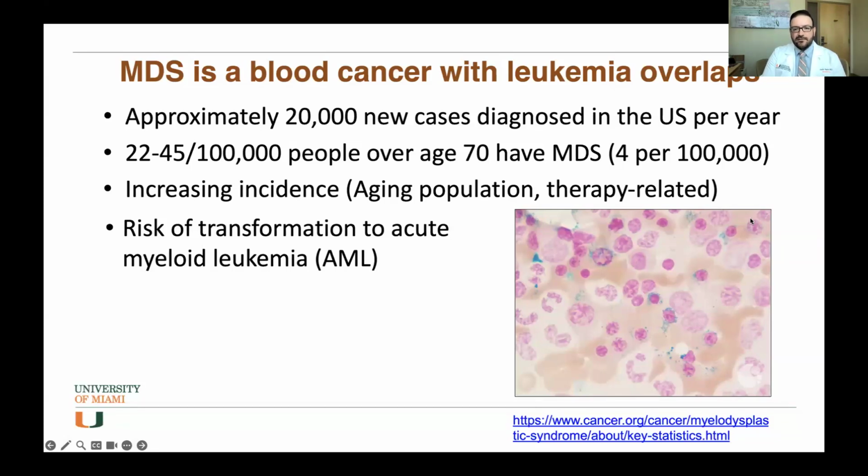Those are the two major risk factors that we know about for developing MDS. Of course, those are beyond anyone's control, so we don't know of any modifiable risk factors for MDS at the moment. And then, as I mentioned before, there's the risk that the MDS actually changes into a more aggressive form of leukemia, acute myeloid leukemia.